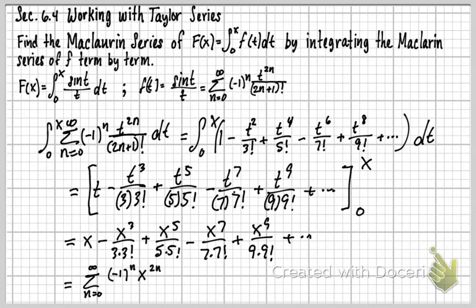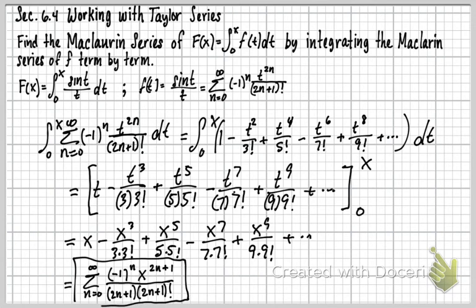Then x to the 2n plus 1, because that's my odd pattern there. And that's going to be over, keep in mind that the numbers up here match the two numbers down here for each of these. So that means this is going to be (2n+1) times (2n+1) factorial. So that's the series we're looking for in this problem.